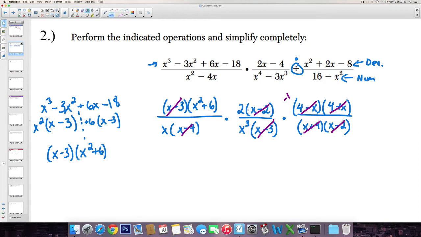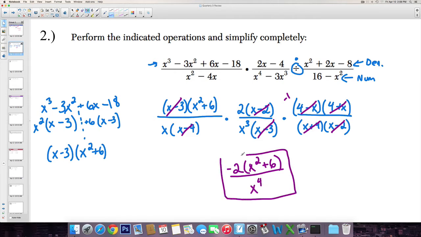And looks like that is pretty much it. So 2 and negative 1 is negative 2, x squared plus 6 divided by x times x to the third, that's x to the fourth. And that's it. We can't reduce any further, so this would be our final answer.